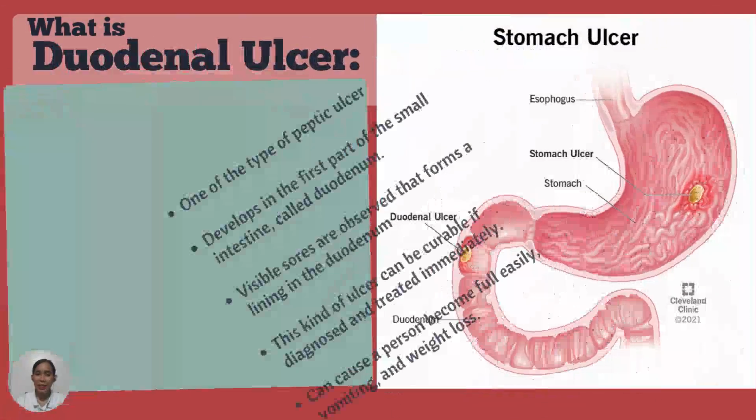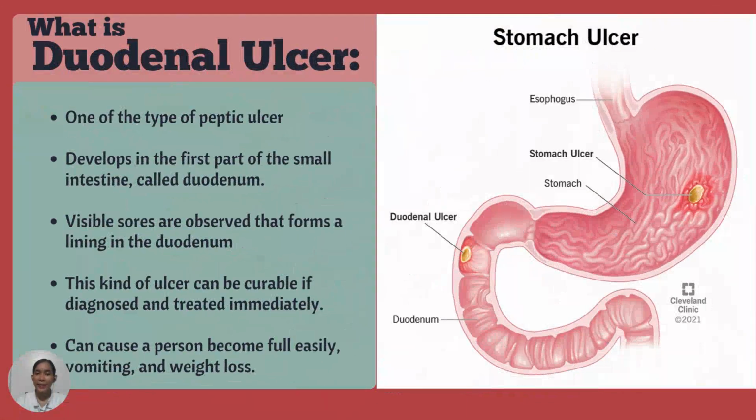So what is duodenal ulcer? Again, this is the type of peptic ulcer. Anatomically speaking, this develops at our duodenum, which is part of our small intestine. So this is a part of our digestive system that foods travel through after it leaves the stomach.